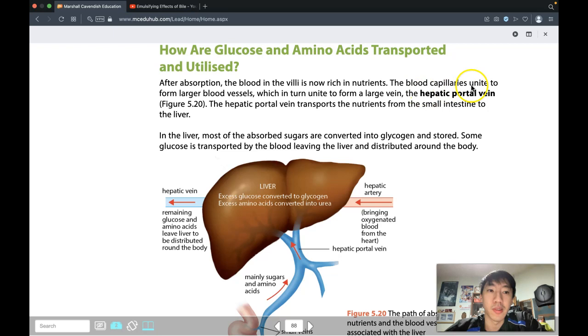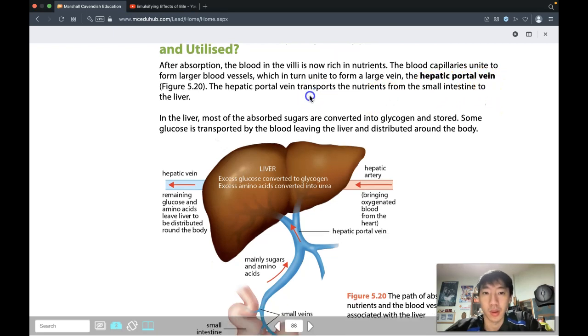The blood capillaries unite to form larger blood vessels, which in turn unite to form a large vein, the hepatic portal vein. Okay, the word hepatic is anything to do with the liver. So let's say you got this disease called hepatitis, right? There's usually some disease that affects the liver. This hepatic portal vein transports the nutrients from the small intestine to the liver.